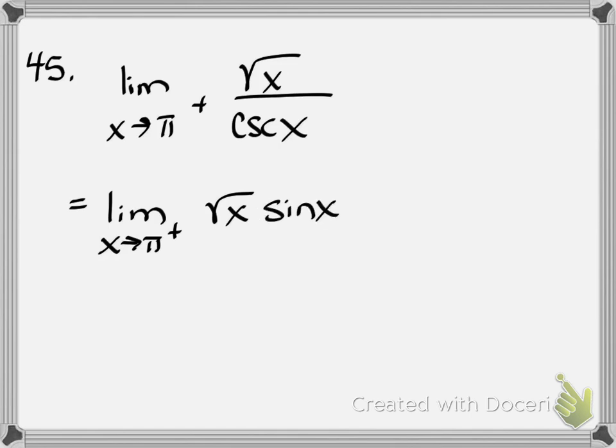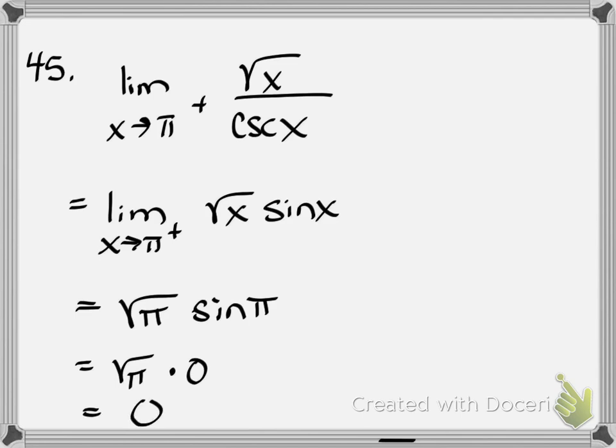Take that cosecant x to the top. Then I might just try direct substitution. Square root of pi is a number. Sine of pi is 0. So some number times 0 is 0. So direct substitution works on that one.